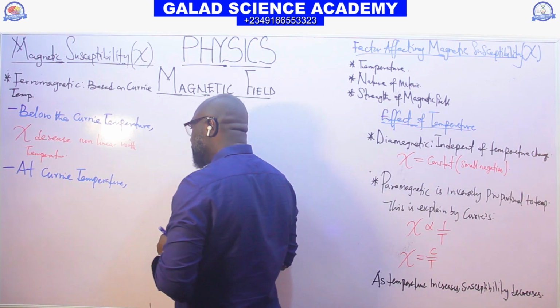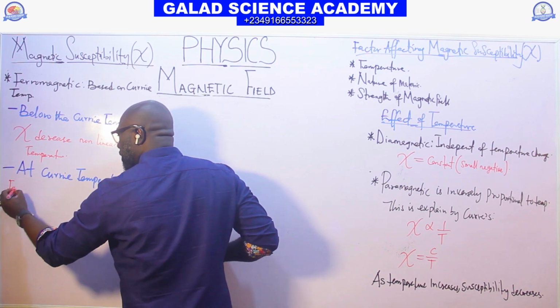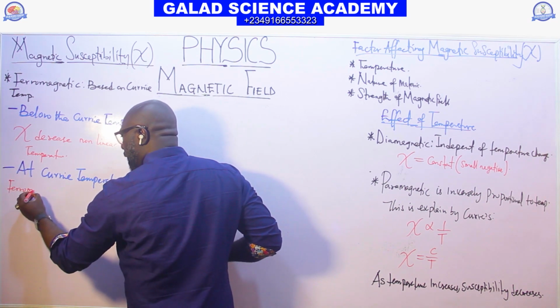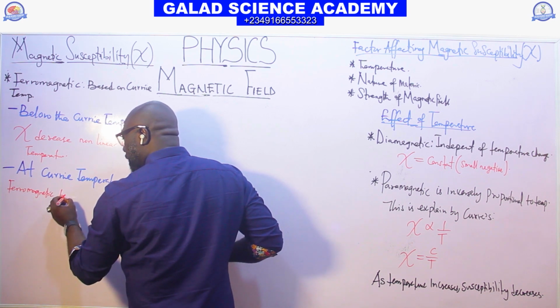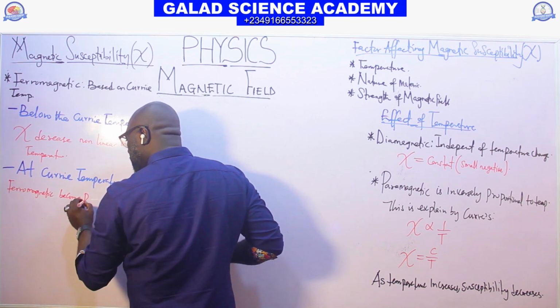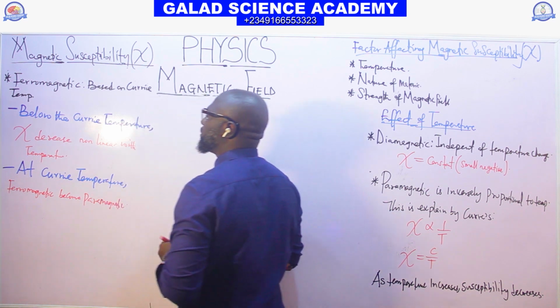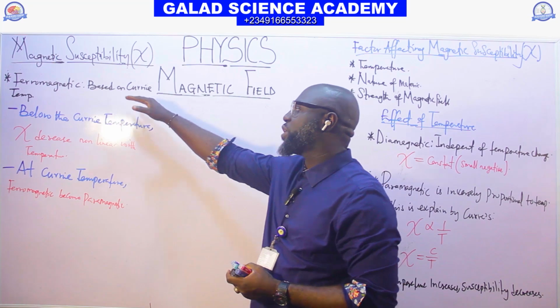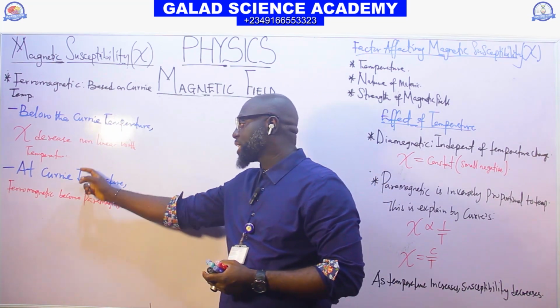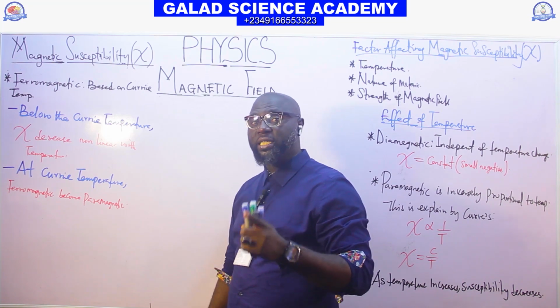At Curie temperature, the ferromagnetic material becomes paramagnetic material. So when the temperature of a ferromagnetic material is at Curie temperature, it will become paramagnetic material.